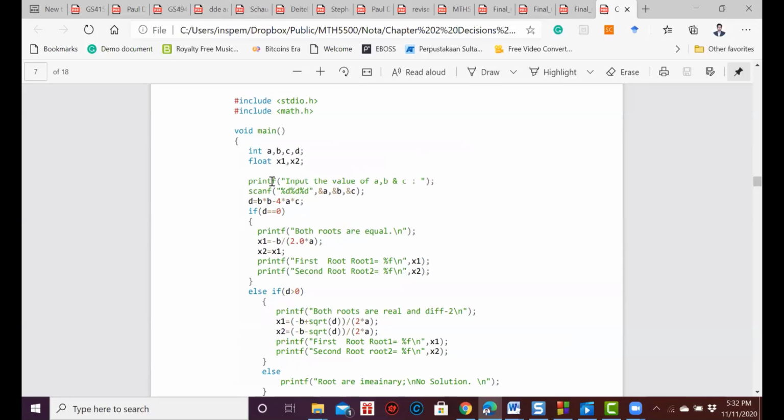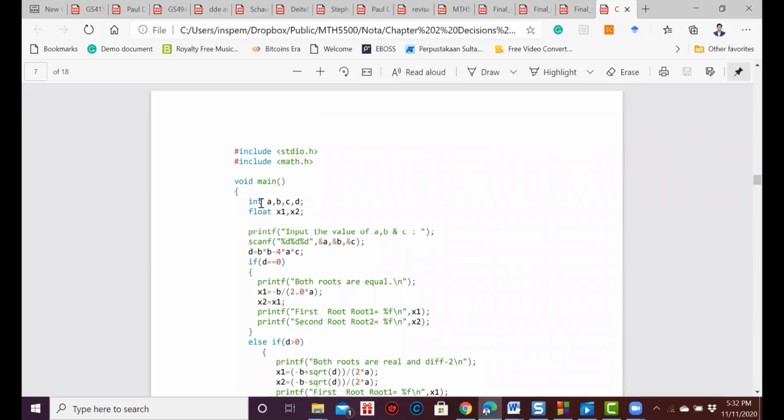So we can do it like this. For example, int a, b, c, d, and then float x1, x2 for the roots. A, b, c are the coefficients of the quadratic polynomial. So input the values a, b, c, coefficients of quadratics. In a single line, we enter a, b, and c. So the format of the scanf is like this: a integer, b integer, c integer.